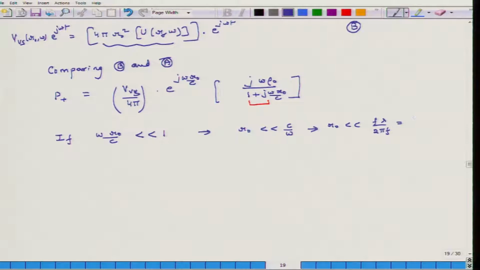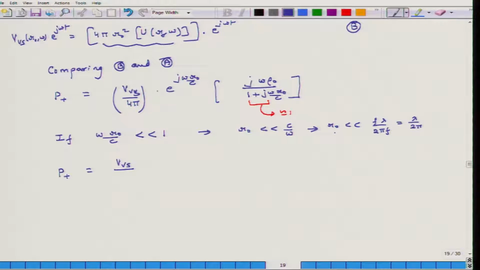So, r naught is very small compared to lambda over 2 pi. So, if r naught is very small compared to lambda over 2 pi, then this term approximates to 1.